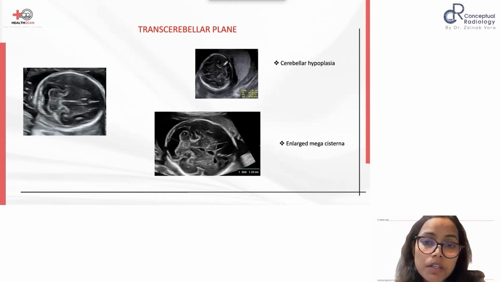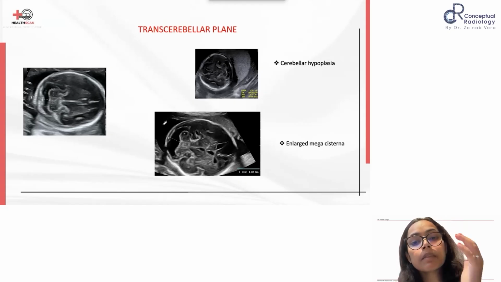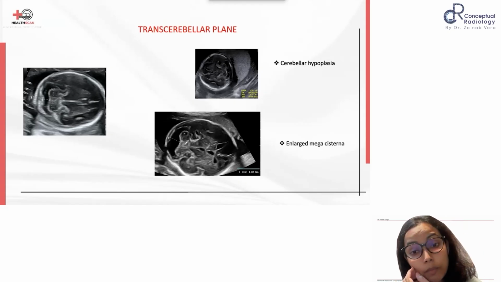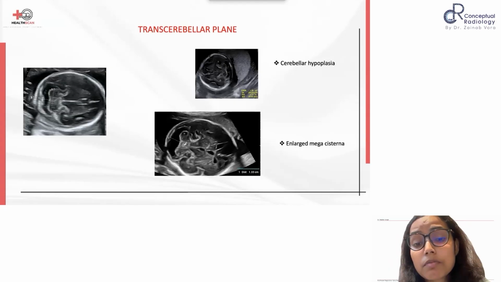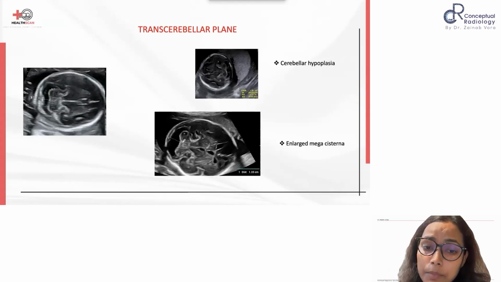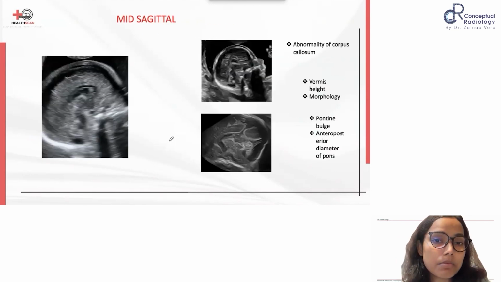So we should take the measurements properly in a proper plane to avoid any diagnostic error. We can rule out an enlarged megacisterna magna, thickened nuchal fold, or any anomalies involving the posterior fossa, such as the Dandy-Walker malformation, vermian agenesis or hypoplasia, or a Blake's pouch cyst. These things we can rule out in the transcerebellar plane.